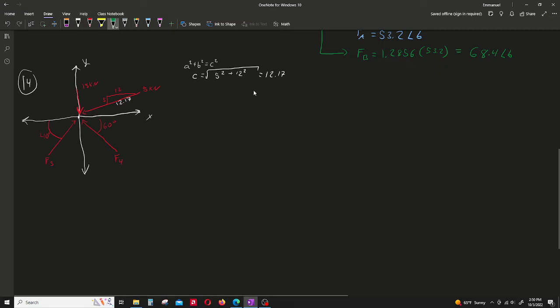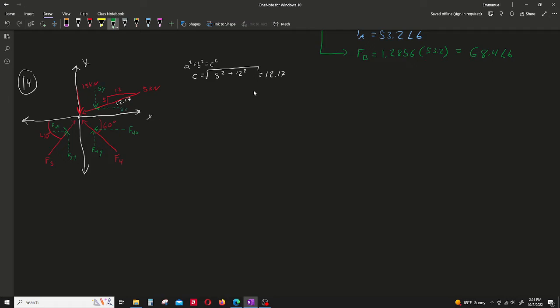And then remember, since these are angled forces, we have our components this way, that way, and that way. And this will be F3Y, F4Y, F4X, F3X.